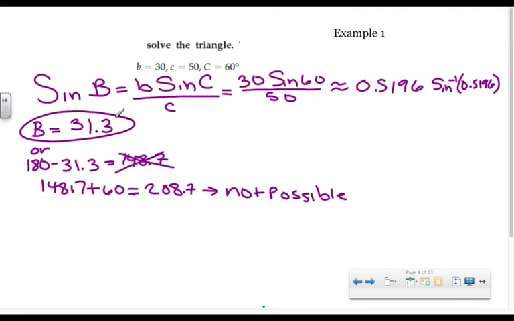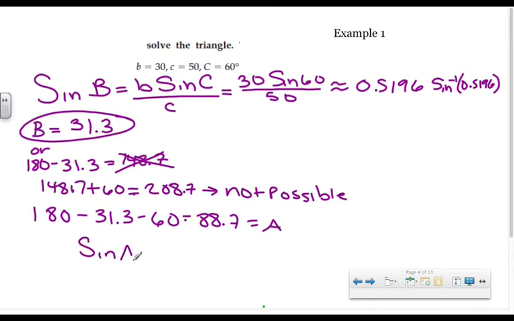So I'm going to say that's my B. So B equals 180 minus 31.3 minus 60, which is 88.7. And then sine of A equals a sine B over b.